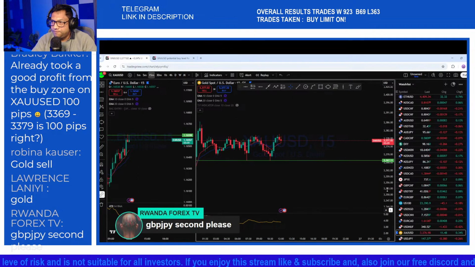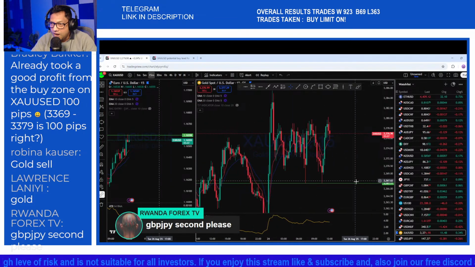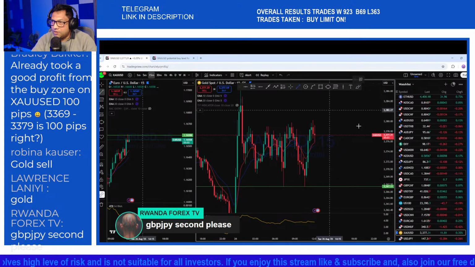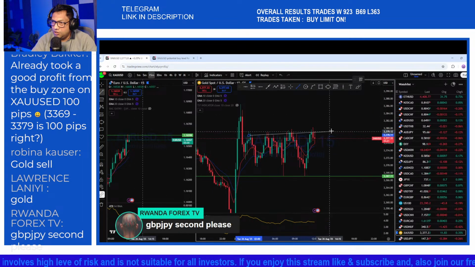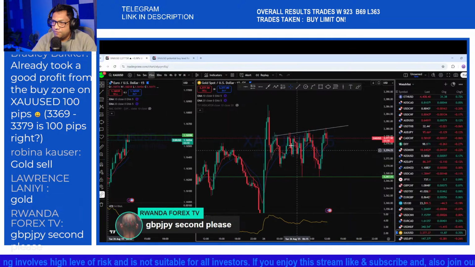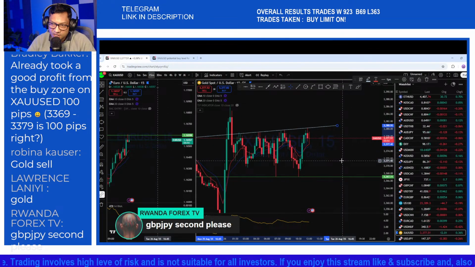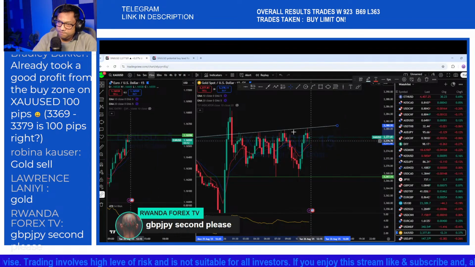Okay, so here on gold, it's now moving sideways, but with multiple liquidity gaps. Here is the resistance on gold that you can see. The market is respecting that level.